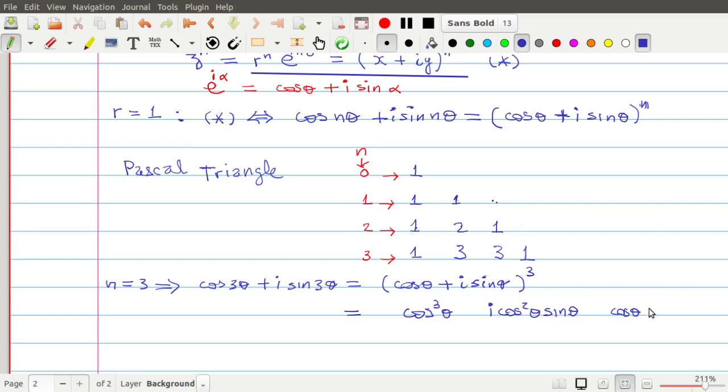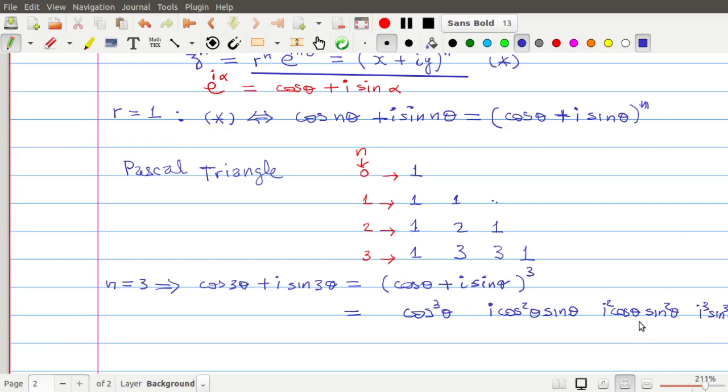So we have i square here, i square sine square theta. Then the power here now will be 0 and this one increases to 3. So the power of i also here will be i cube and sine cube theta.